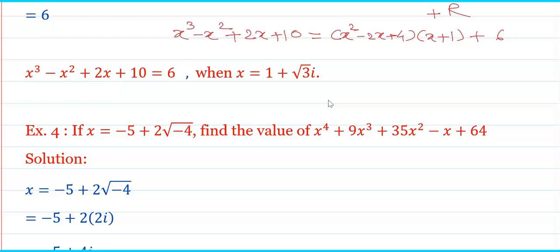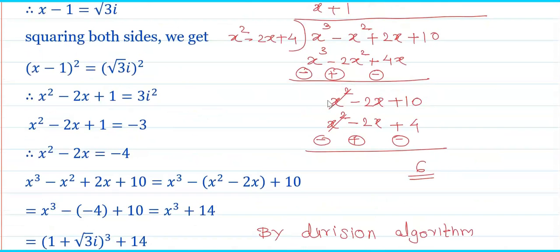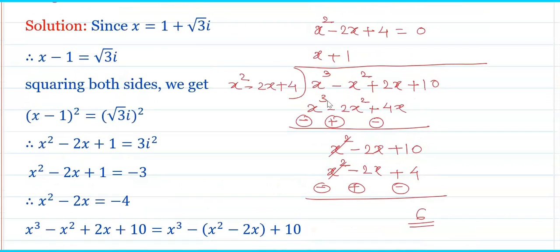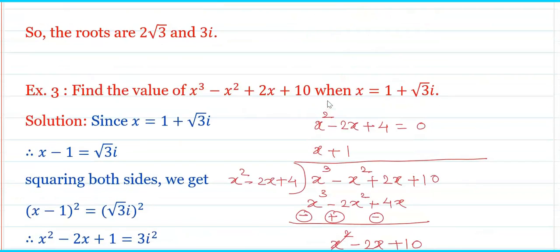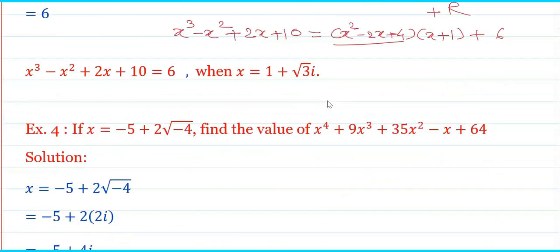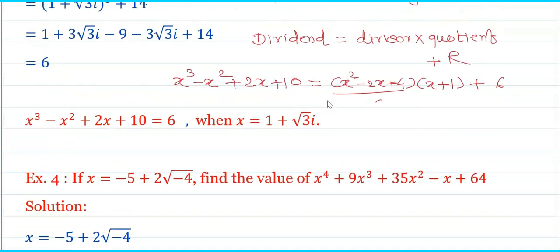But what is the value of x square minus 2x plus 4? Its value is 0. Okay. Now we substitute this value 0 here. This equals 0 into (x plus 1) plus 6. Now this will be 0. 0 plus 6, overall you get the value of the polynomial x cube minus x square plus 2x plus 10 as 6.